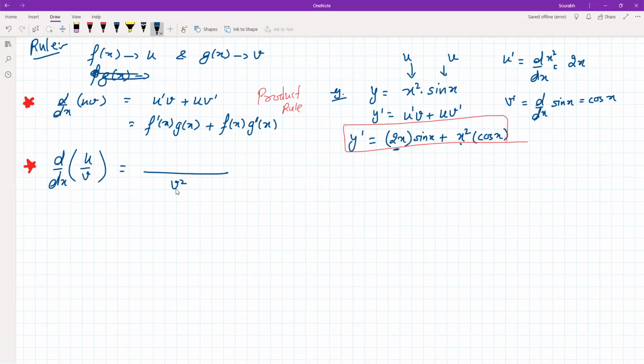And above, you will write whatever we have written earlier for the product rule. The only difference is that there will be this minus sign here. Always remember that the first term is the differentiation of the first term into the second term. The second term is the first term into the differentiation of the second term.